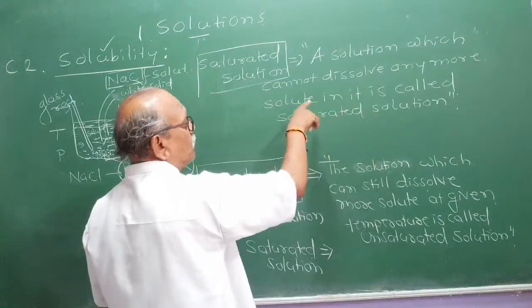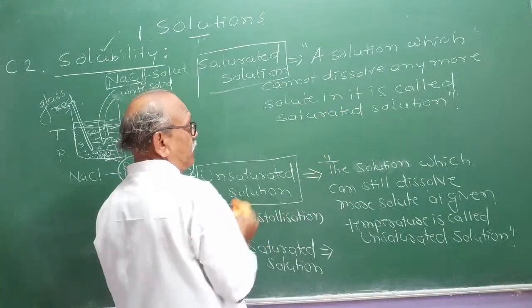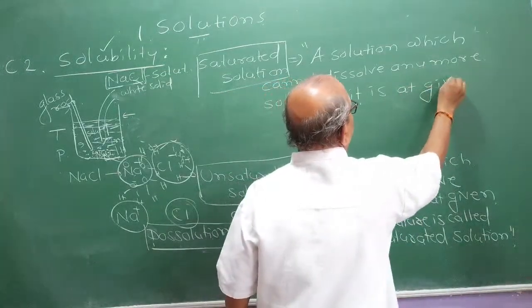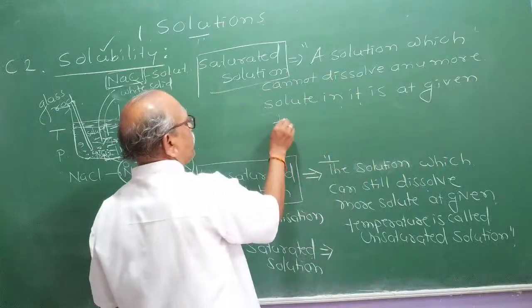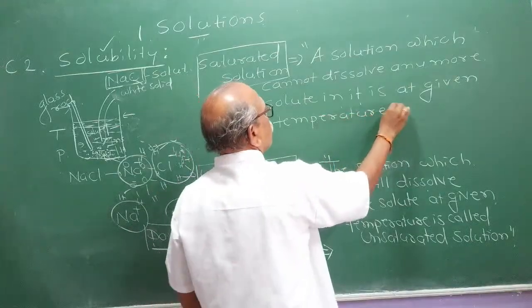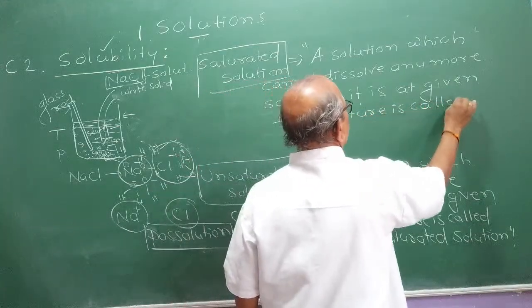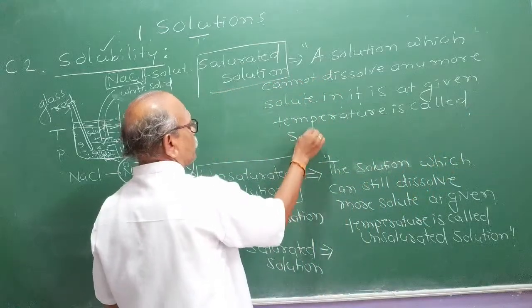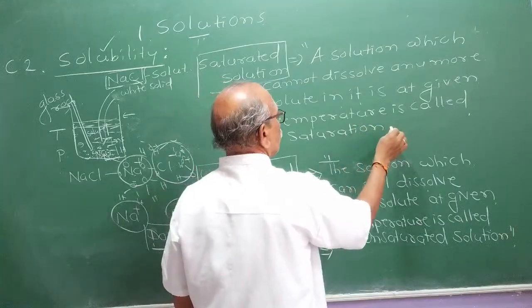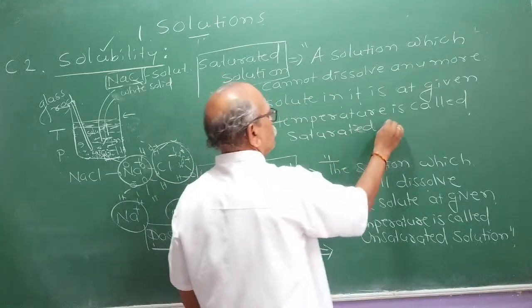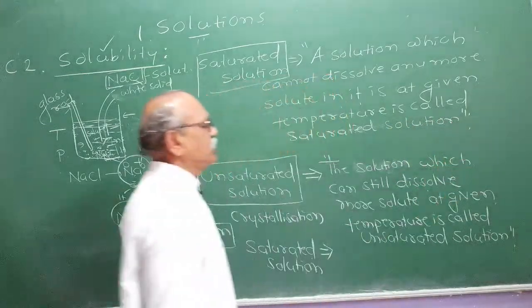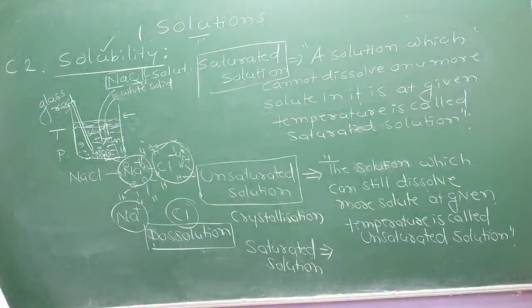A solution which cannot dissolve any more solute in it at a given temperature, very important, at a given temperature or at a constant temperature, is called a saturated solution. I hope you understood what is saturated solution and what is unsaturated solution.